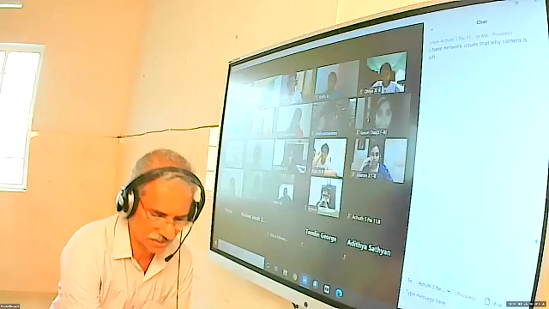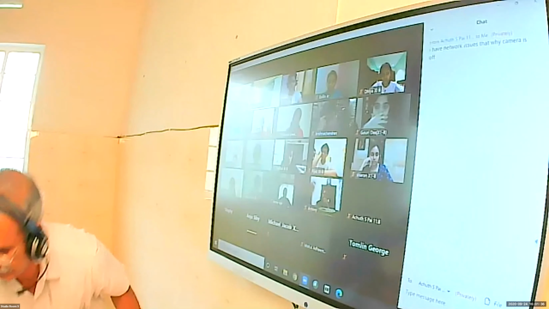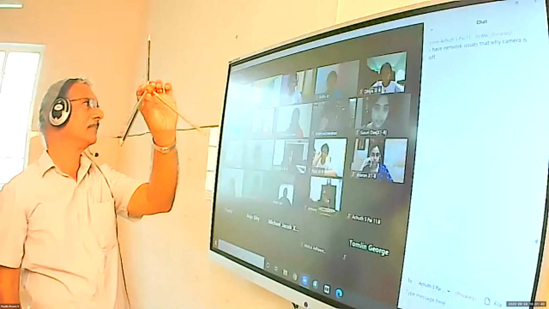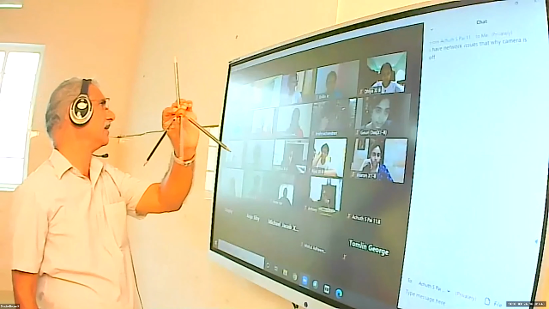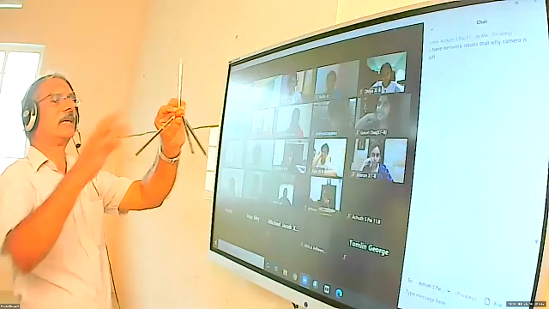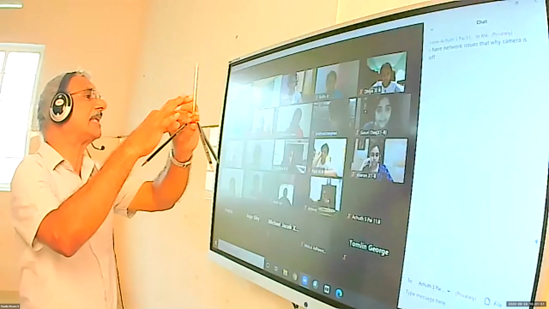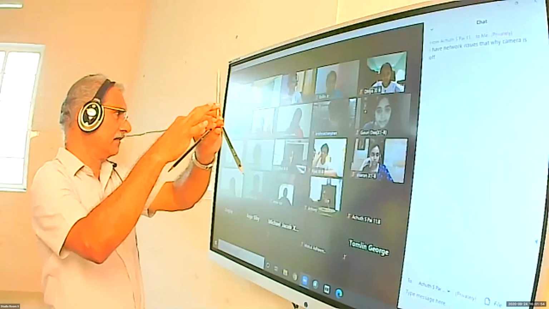So what happens? You will be getting a figure like this. Do you follow? Can you see this? Yes, sir. Here there is the atom which is undergoing sp3 hybridization.